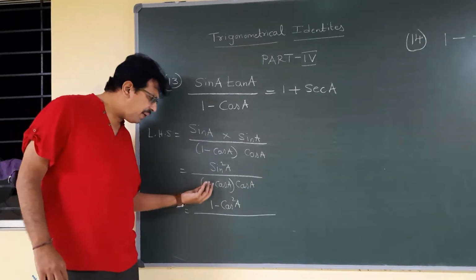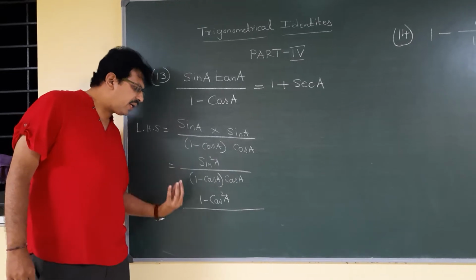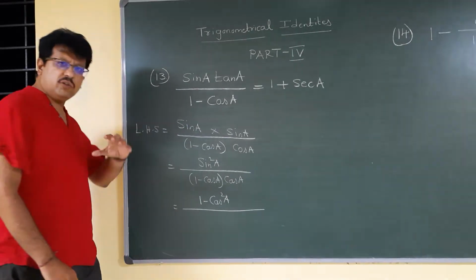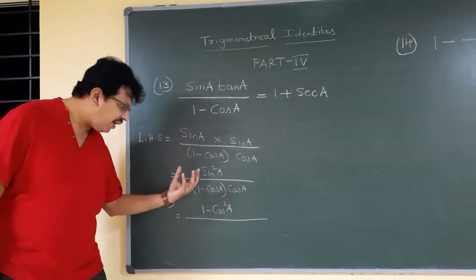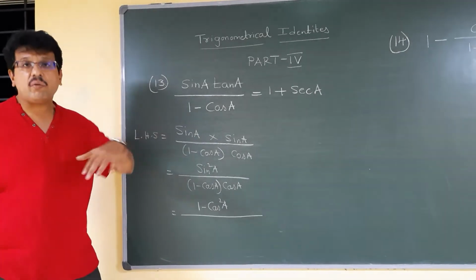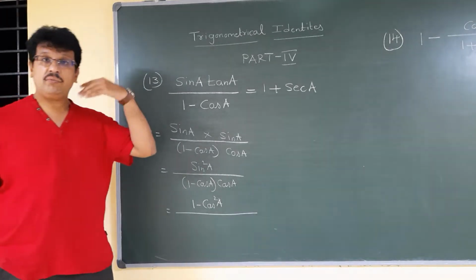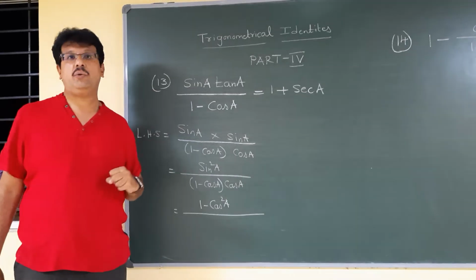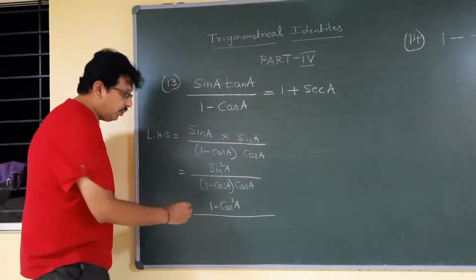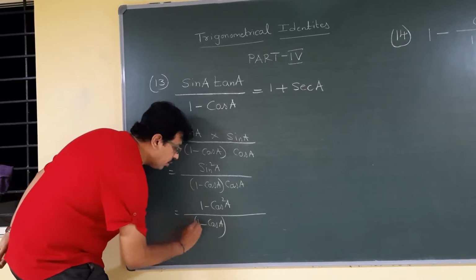Because here we have 1 minus cos A. This is actually telling you that sin square A we should write as 1 minus cos square A. Whenever we do the sums, children, we should always be thinking about the next step. What will happen if I take it like this? That is always what you should have in your mind. So, divided by 1 minus cos A into cos A.